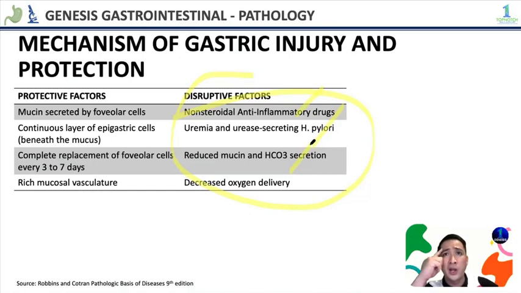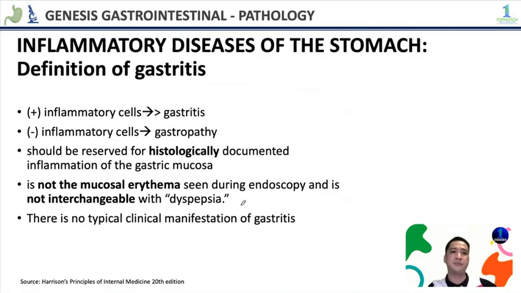Another one, in particular to the elderly population, wherein mucin production is less and there is a greater manifestation of arthritis wherein the patients will have to take NSAIDs. Both of these are contributory factors to having gastric injury. And of course, decreased oxygen delivery.